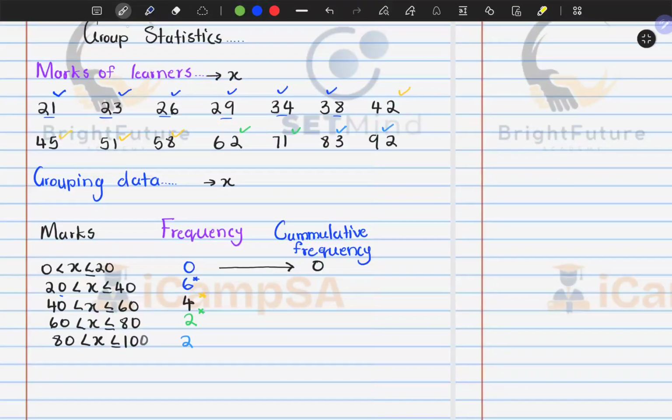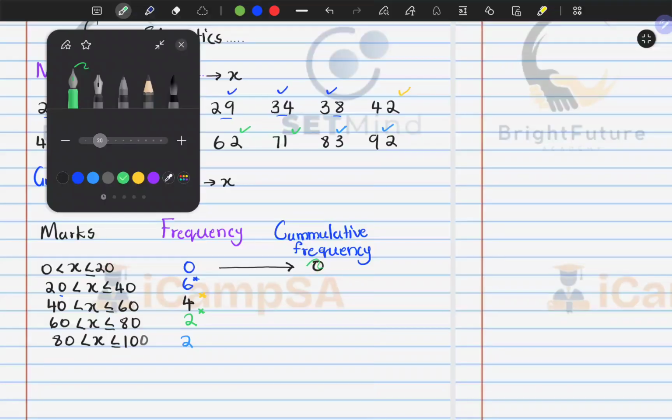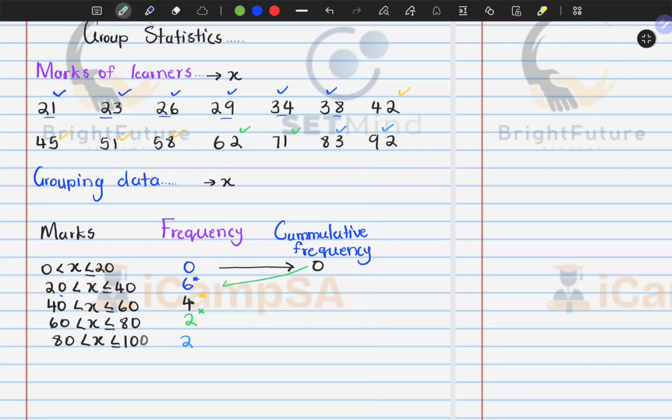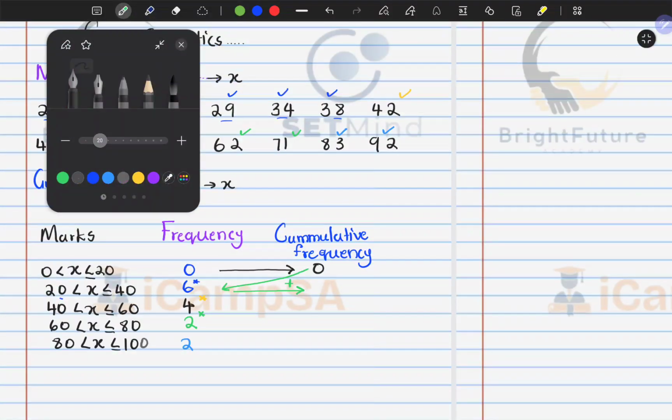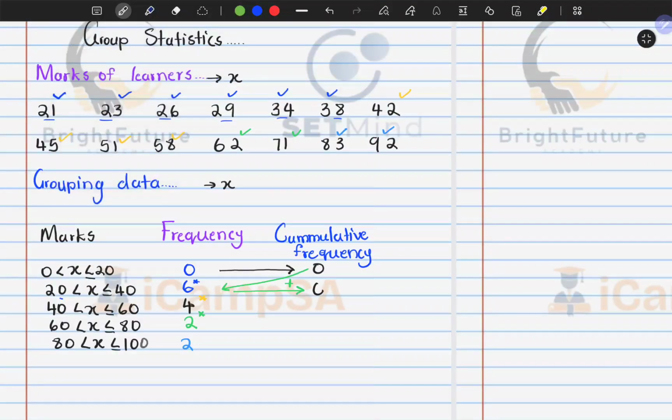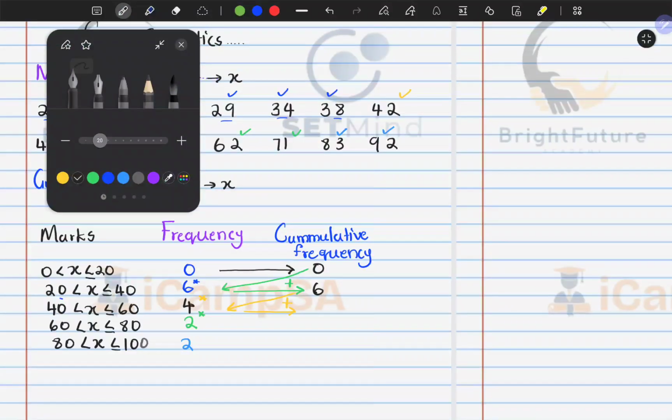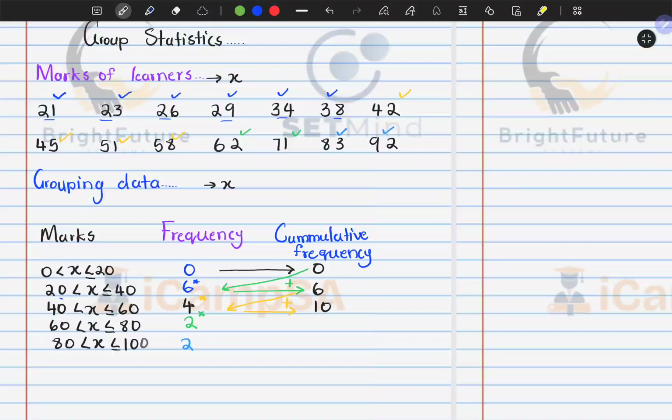And then the second part will always be an addition of what you see here. That is how you get that. You just add. So that is going to be 0 plus 6, which is 6. And then in order to get the next one, you take the 6 and the 4, you add them. You will see that 6 plus 4 becomes 10.